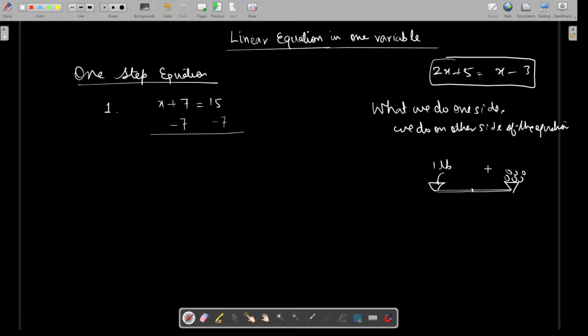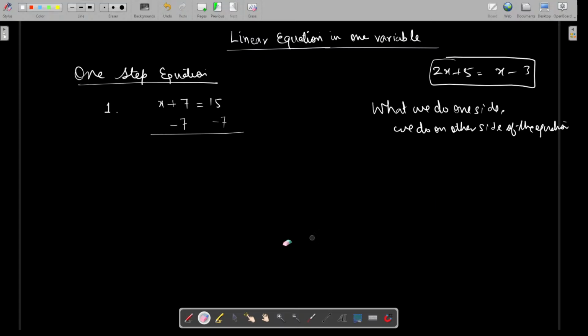Similarly, if you put half a pound of extra stuff on one side, you have to add half a pound on the other side to make the scale properly balanced. So similarly, if we subtract a number from one side, we also have to subtract the same number from the other side as well.